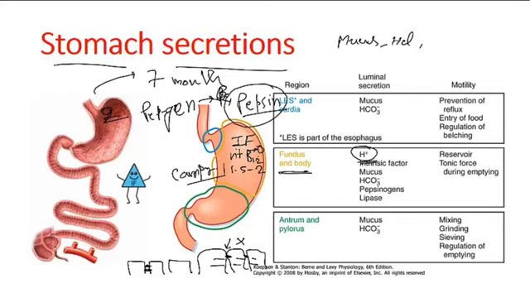If we can't absorb vitamin B12 in our body, that means our RBC production will be compromised, because production and maturation of RBC requires a lot of vitamin B12. It acts as a cofactor in the process of RBC maturation, and that can cause anemia known as pernicious anemia.